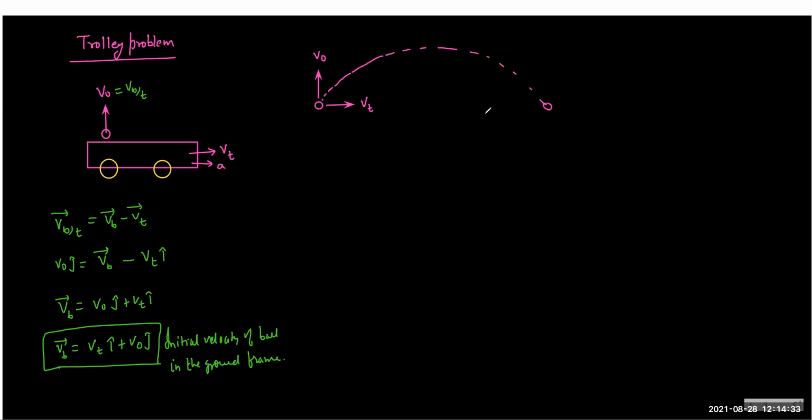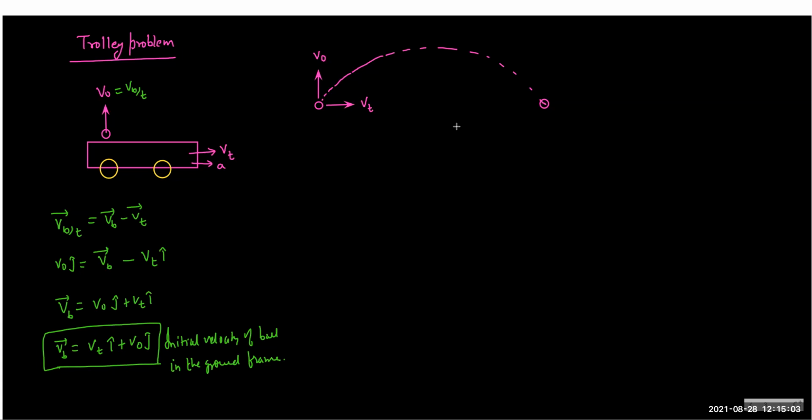Now the question is, what will happen to the trolley in the same time? The ball is traveling only Vt with constant velocity horizontally, but the trolley is accelerating horizontally. So its velocity will be greater than Vt after the start.